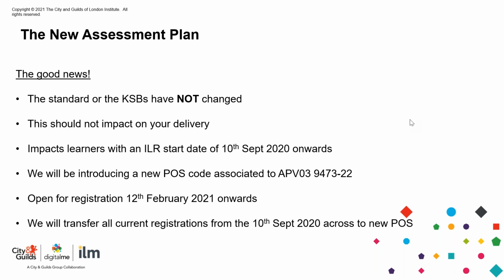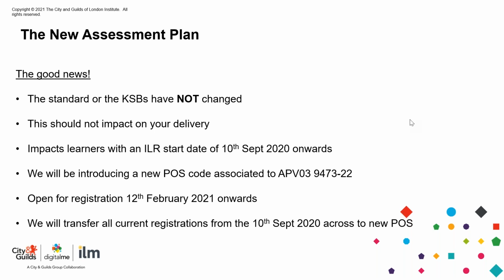As Dom said earlier, this will impact all learners that started from the 10th of September onwards. We will be introducing a new programme of study number. 9473-12, as you know it now, will become 9473-22, the new assessment plan code for your registrations. This will go live from the 12th of February.